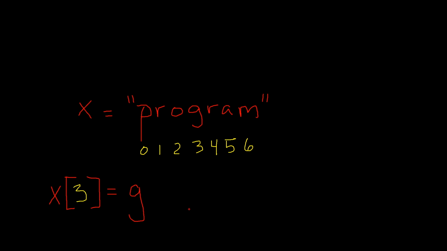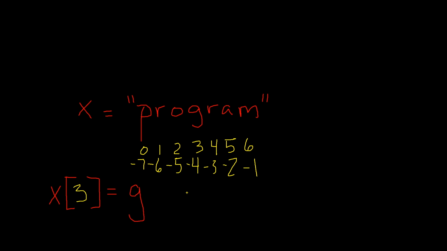But we can also go the opposite way. If we wanted to take our index locations from right to left instead of left to right, we'd start at our letter M. Letter M would be -1, A would be -2, -3, -4, -5, -6, -7.